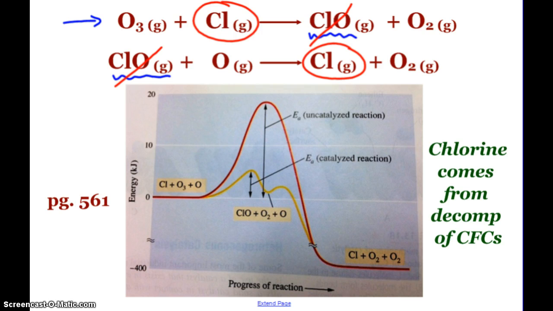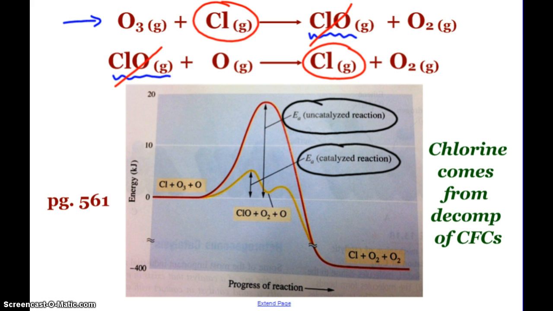So if we look at our little diagram here, and this is from page 561 of your book, without the catalyst, we would see a very large activation energy, the uncatalyzed reaction. With our catalyzed reaction, the activation energy is much smaller, and the pathway is at a lower energy amount, so this reaction will speed up.